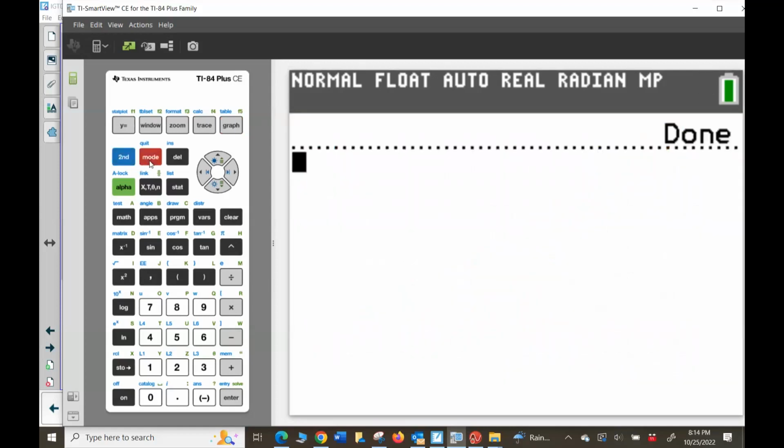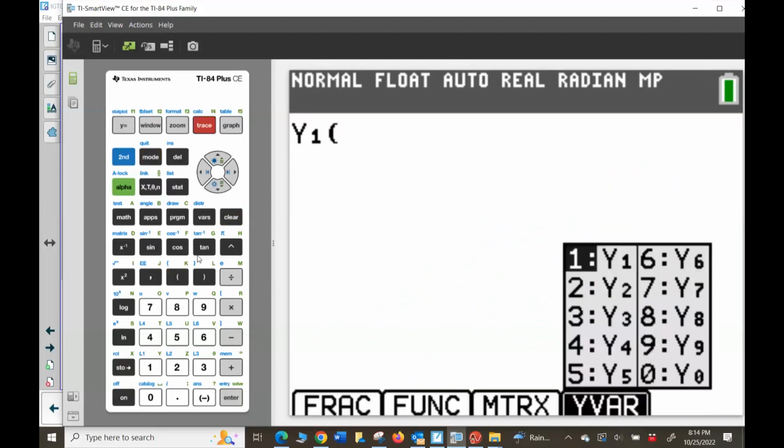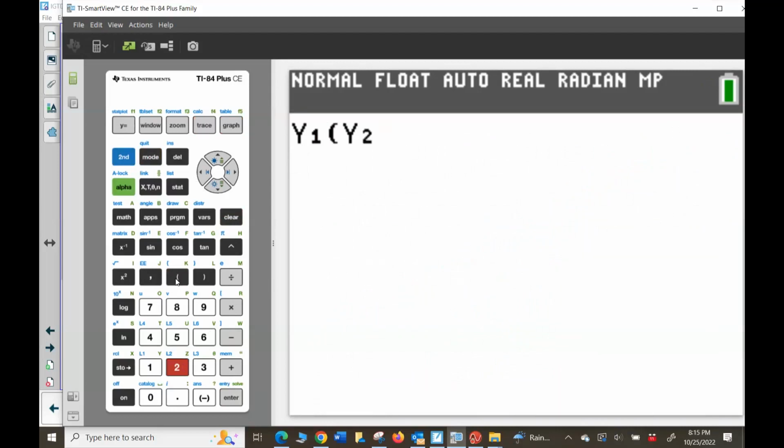Again, I could also do this with numbers and say, how about if I do, let's say, y1 of y2 of, let's say 6. I get 6.